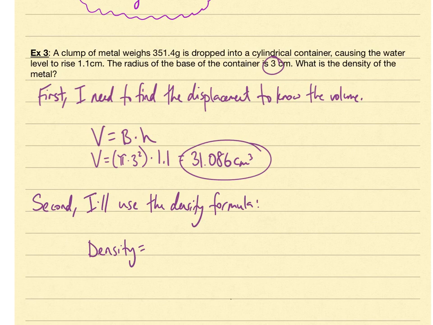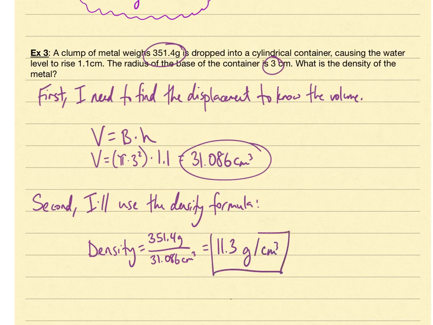So I'm going to take my mass of 351.4 grams and divide it by my volume of 31.086 centimeters cubed. And I end up getting 11.3 grams per cubic centimeter. So there's 11.3 grams in each cubic centimeter of that piece of metal.